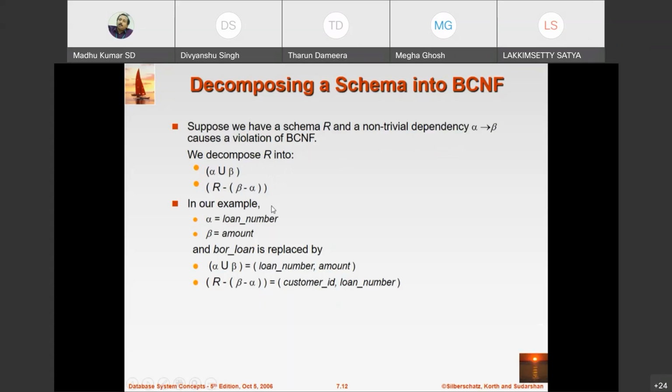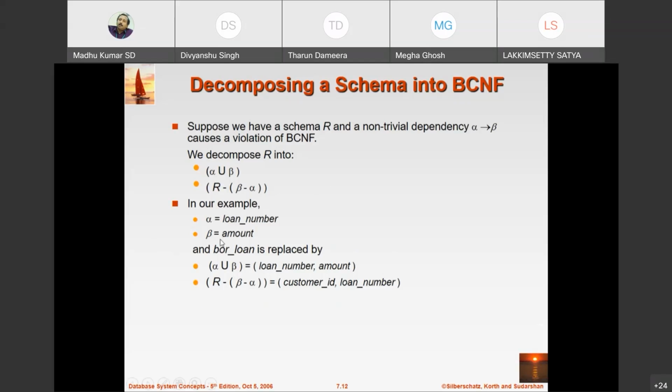Divide a table into two in such a way that for every functional dependency of the form alpha determines beta, alpha beta becomes a table, and the other one is the relation minus beta, with alpha retained.